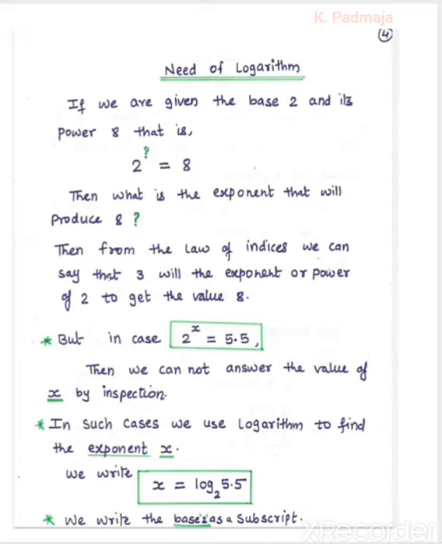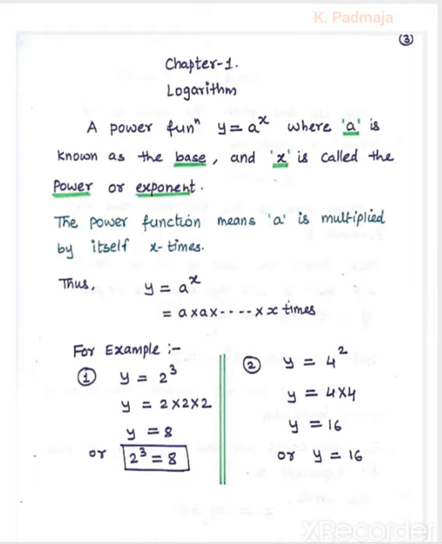See, in our previous example 2 raised to 3 means we have to multiply 2 three times. Here 3 is the exponent. 4 raised to 2 means we have to multiply this 4 two times. So in this way, if we are given any integer power, we can easily multiply and get the answer very easily.